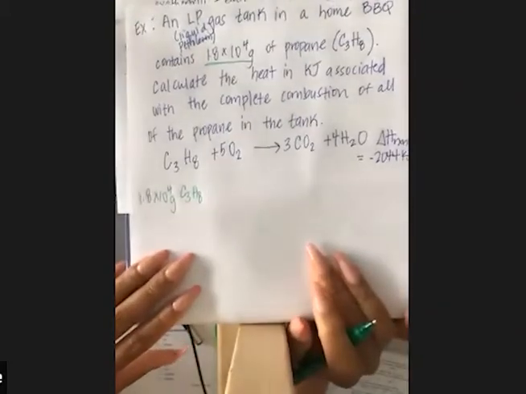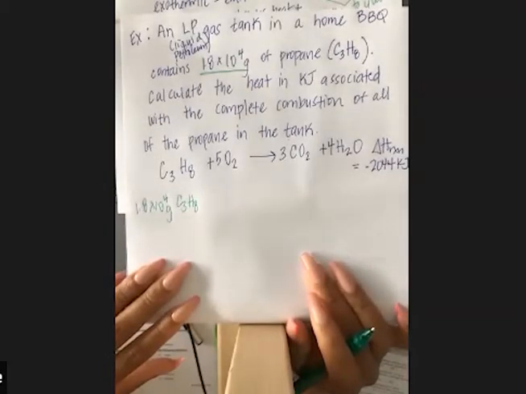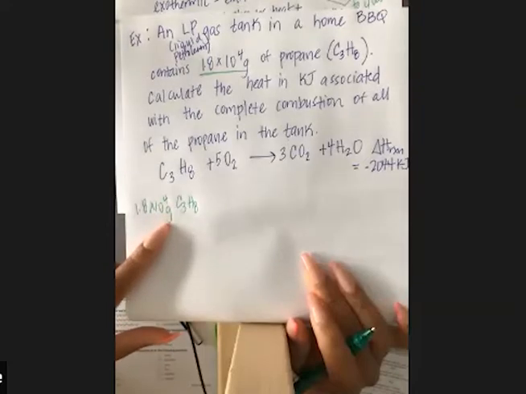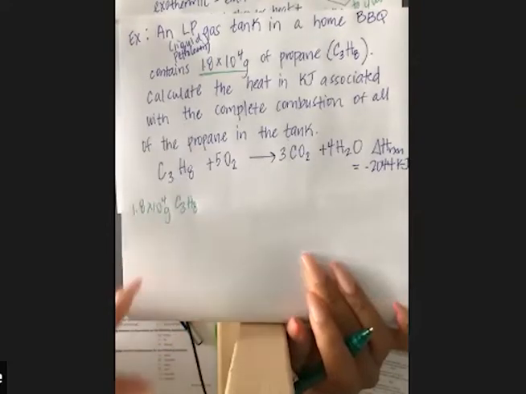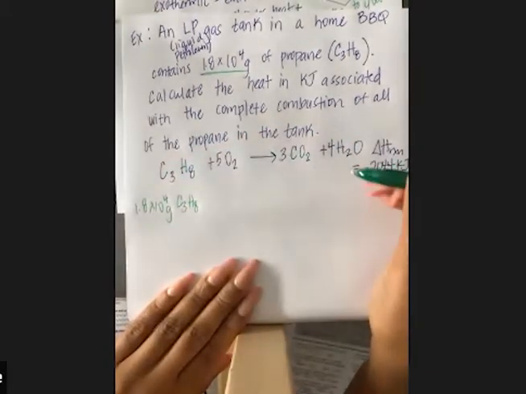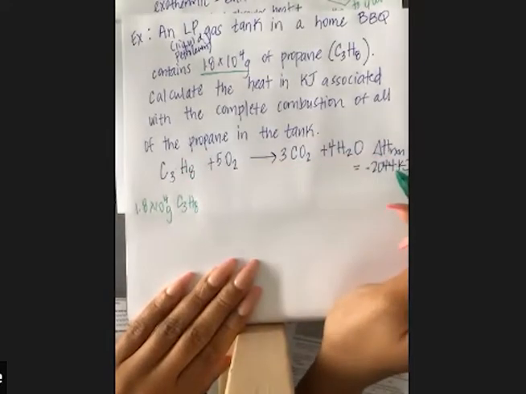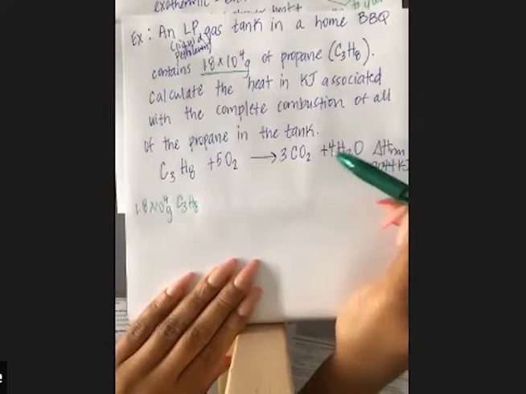And I want to know how much heat I'm going to burn off starting with this amount of propane gas. Now, I just told you guys we can set up a relationship between each substance and the amount of heat that's given off. So 1 mole of propane, once completely reacting, is going to give off this much heat.